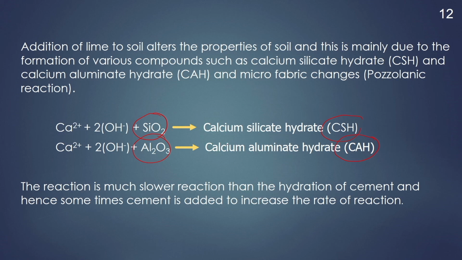Due to the production of these, it produces some pozzolanic reaction, thereby it gives the cementation properties to the soil. And this reaction is much slower than the hydration process of cement, and hence sometimes cement is added to increase the rate of reaction.